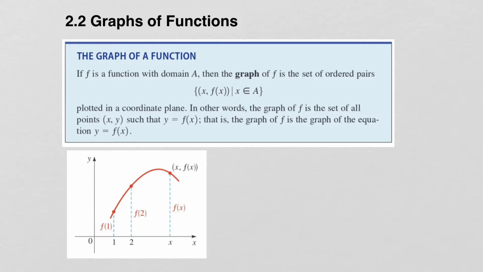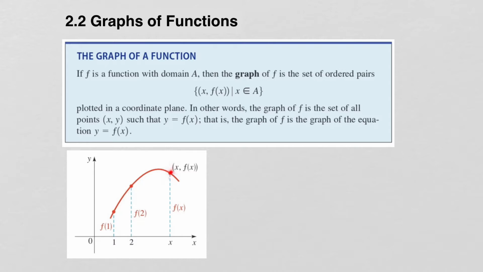So basically, the graph is just the set of all points (x, y), but remember y is equal to f(x). So a lot of times we use the notation (x, f(x)) to represent our points. As an example down here below, we have some kind of a graph, and this graph has a whole bunch of points on it.